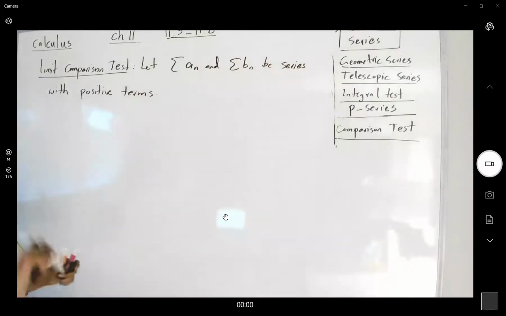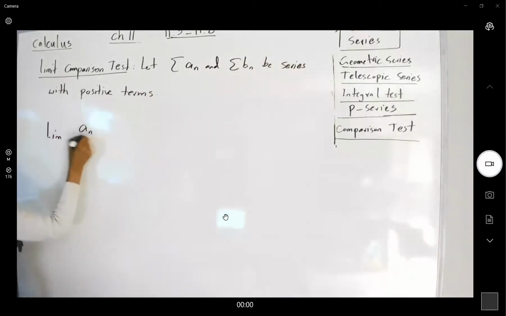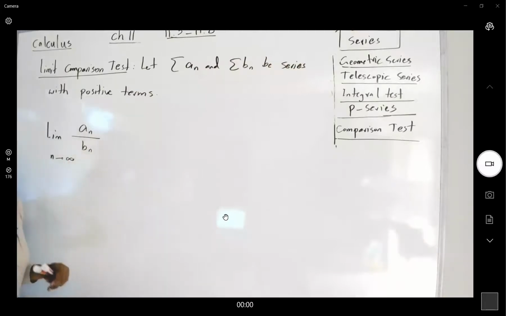Now you construct the limit of, for example, an over bn as n approaches infinity.